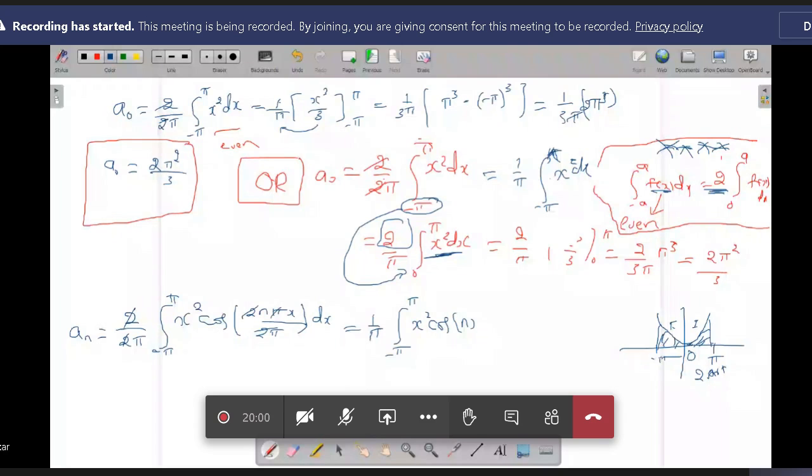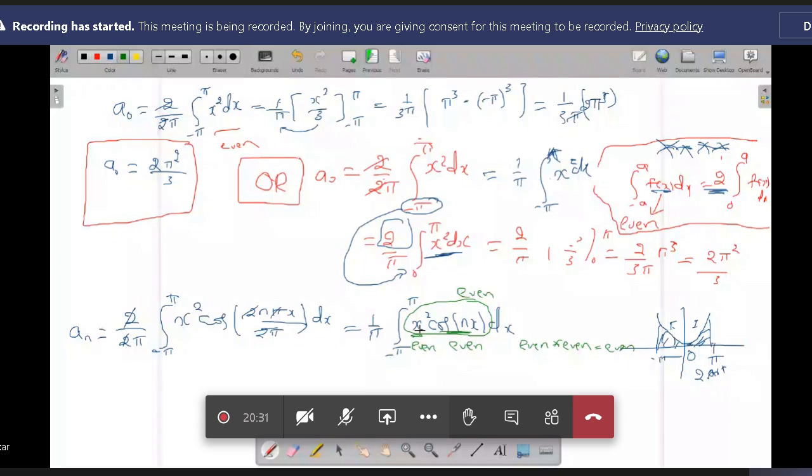Now again you have to check these functions. Here x squared is an even function. Cos is also an even function. So the product of even into even is again even, right? The total integrand itself is even.